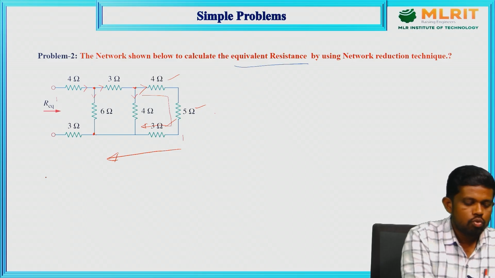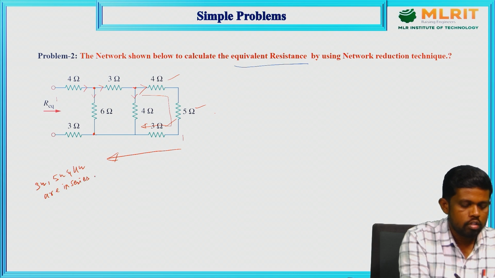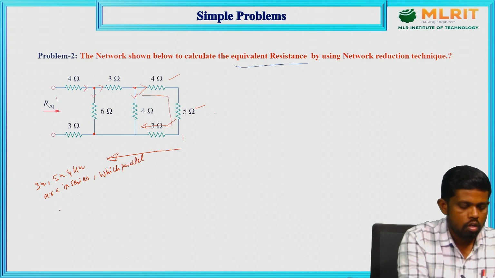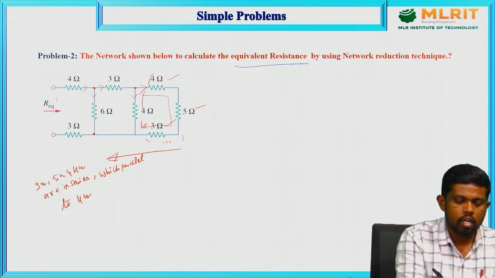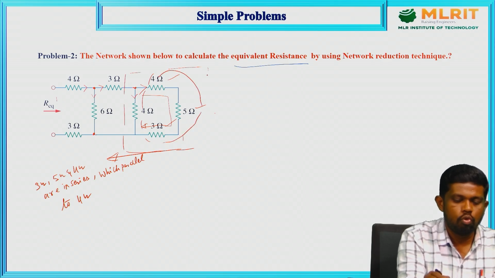So based on this, the 3 ohm resistor, then 5 ohm and also 4 ohm resistors are in series, and this connection is parallel to the 4 ohm resistor. I mean these 3 elements are in series, and which is parallel to this 4 ohm resistor.